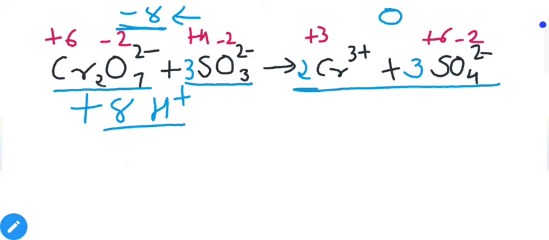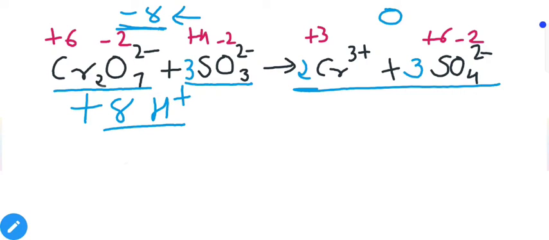So now the charges are equal, and the last thing is we have to balance the spectator ions, that means those ions which do not change their oxidation state. In this case we have hydrogen and oxygen. So let's check the quantity of hydrogen and oxygen on both sides.